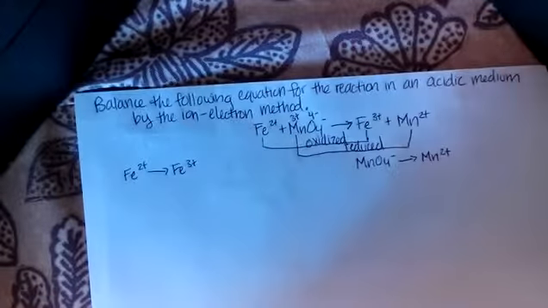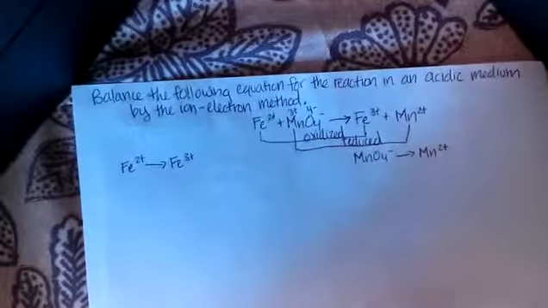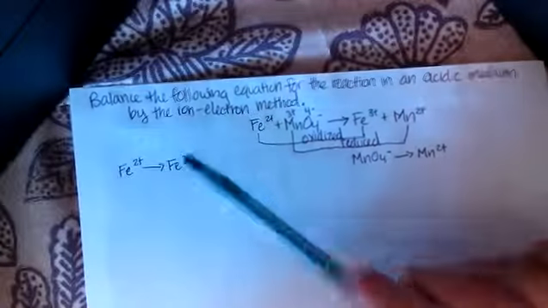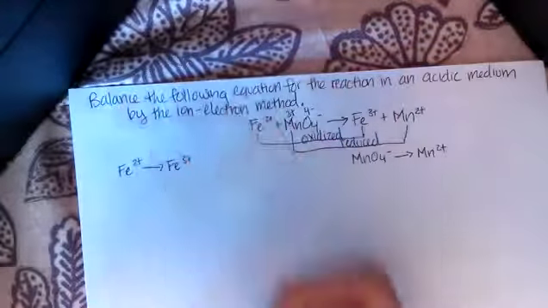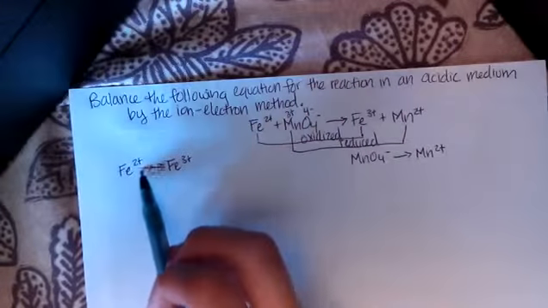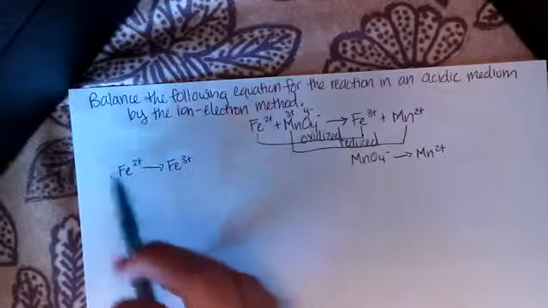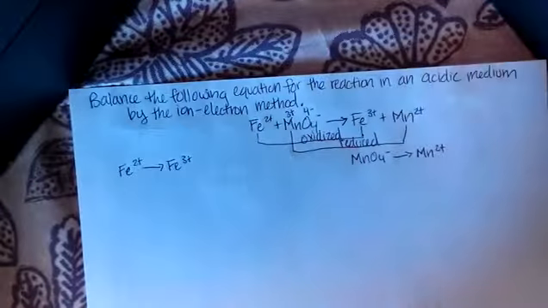First of all, we want to balance it overall, going back to that basic chemistry. Fe and Fe, there's only one of each, so we're good there. However, our charges are not equal, so we need to balance that. You can imagine an equal sign in between here, and we want the charge on this side to equal the charge on that side. Charge on the reactant equals the charge on the product.